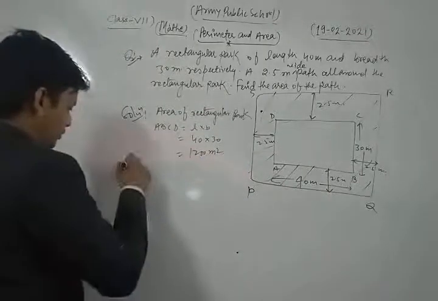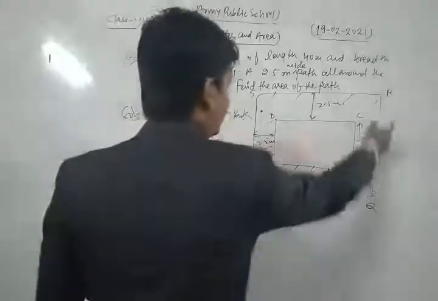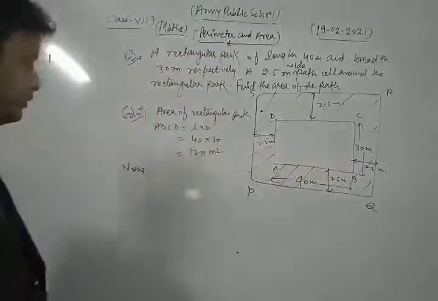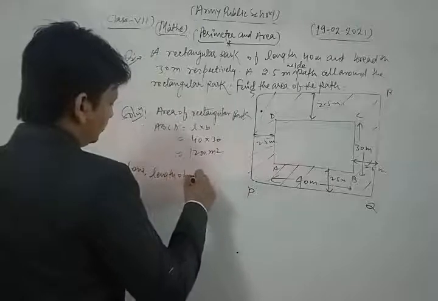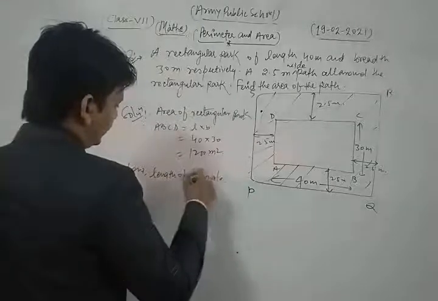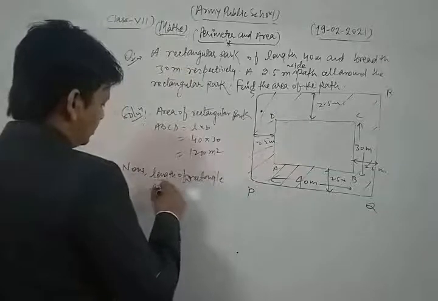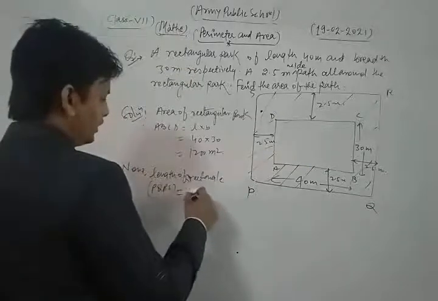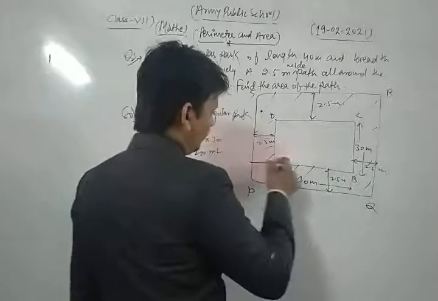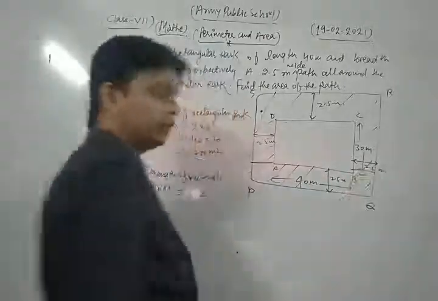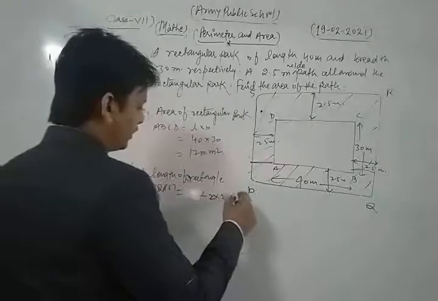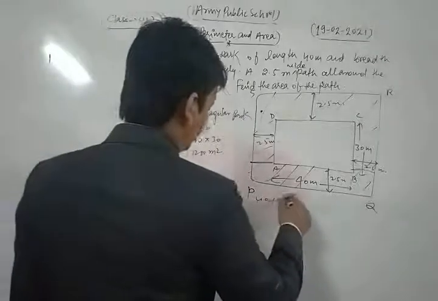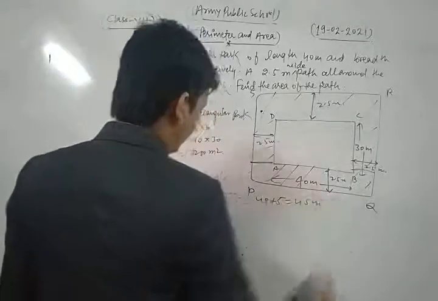Now, length of rectangle PQRS: this is 40 plus 2.5 and 2.5, so 40 plus 2 into 2.5, that is 40 plus 5, this is 45 meter.